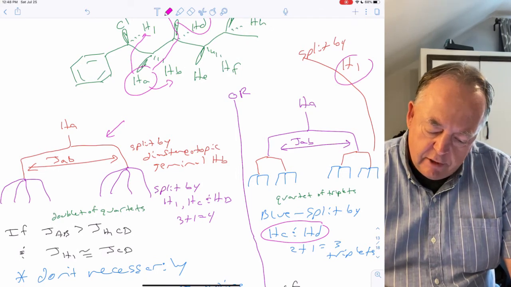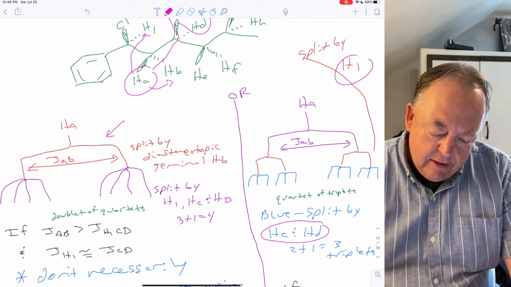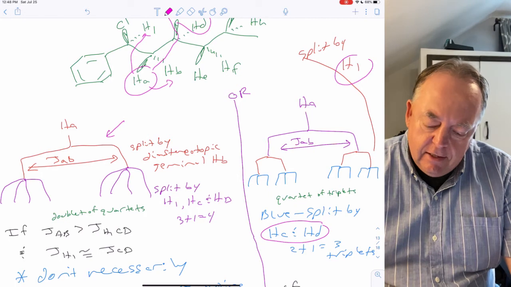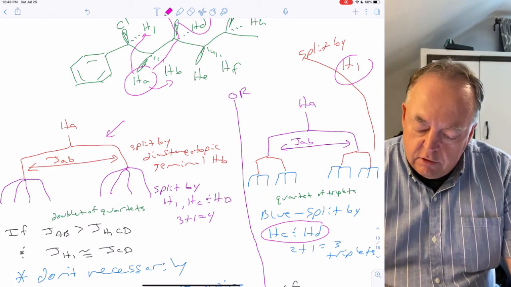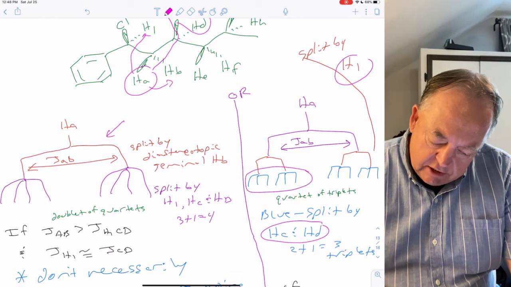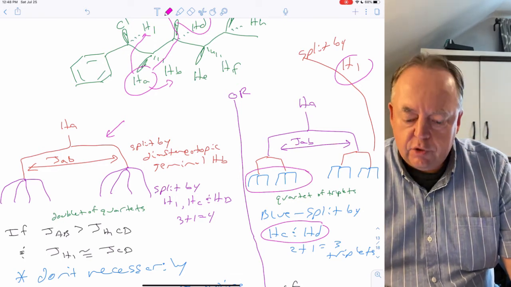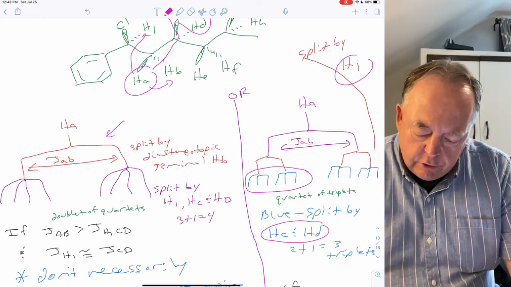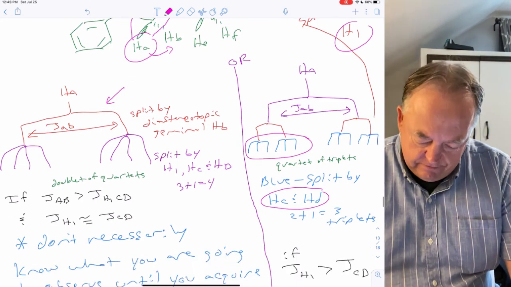So it splits with B first into a doublet, and then if the coupling with H1 is larger than CD, then H1 would split each of those doublets into doublets. And then if it splits with HCD, that's 2 neighbors, 3 peaks, it would split each of those doublets into triplets, so now you would have a quartet of triplets.